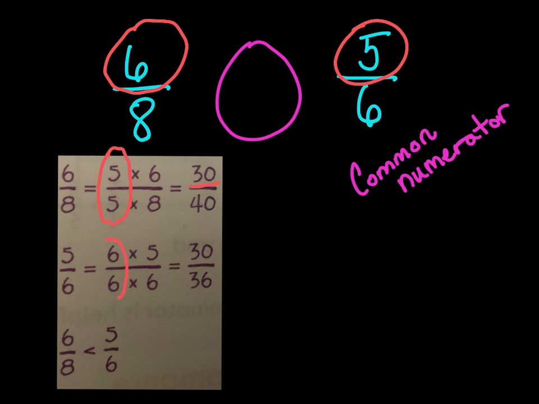And then over here, multiply the top and the bottom by 6 to get 30/36. And then by looking at this, you know that 6/8 would be less than 5/6 because 30/36 is greater than 30/40. So 6/8 is less than 5/6.